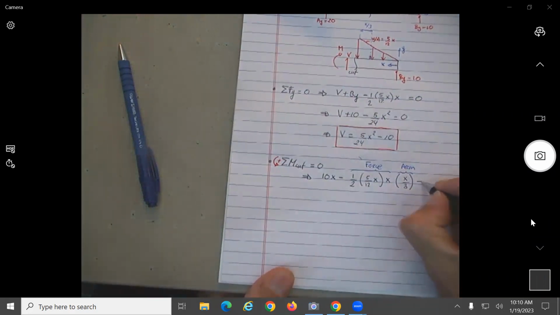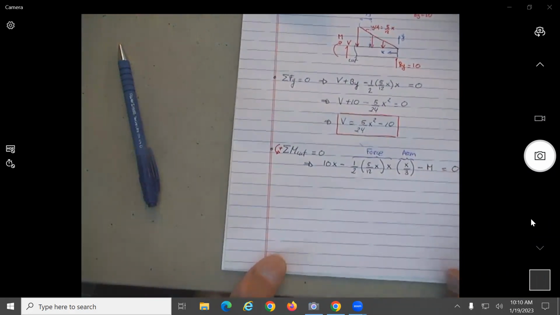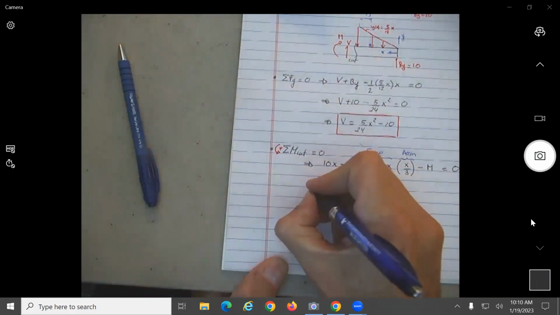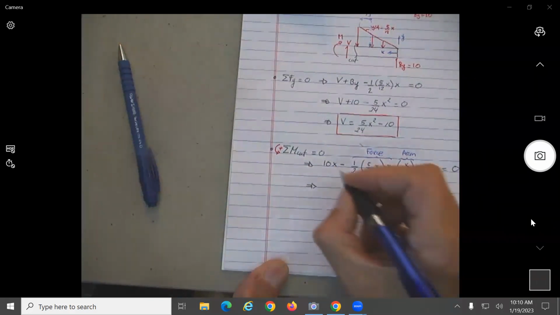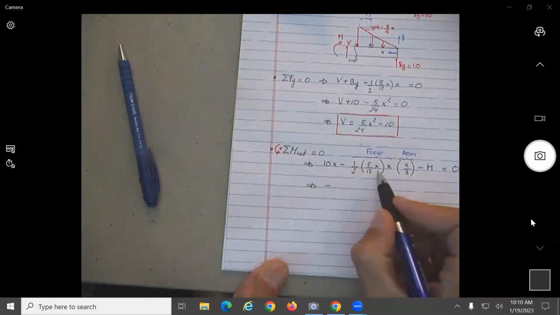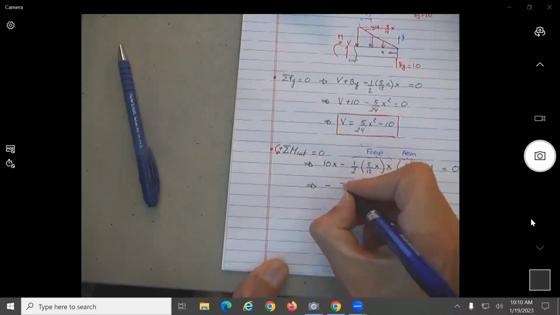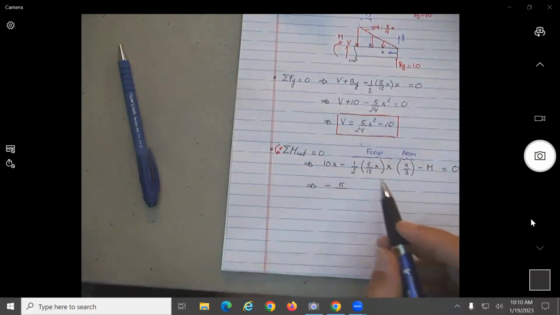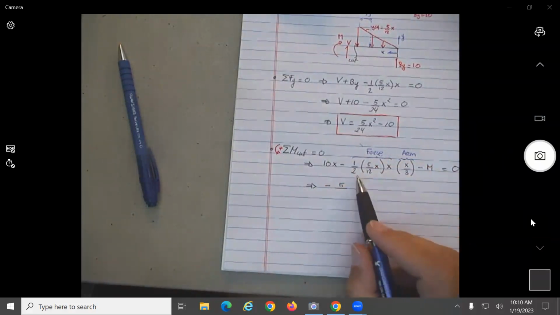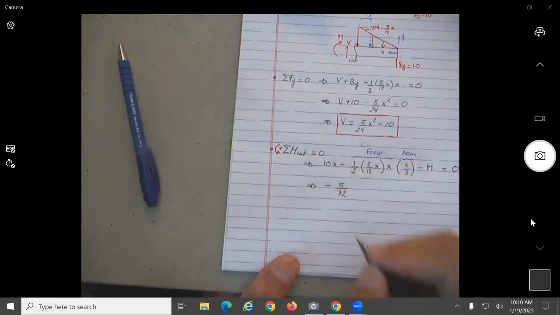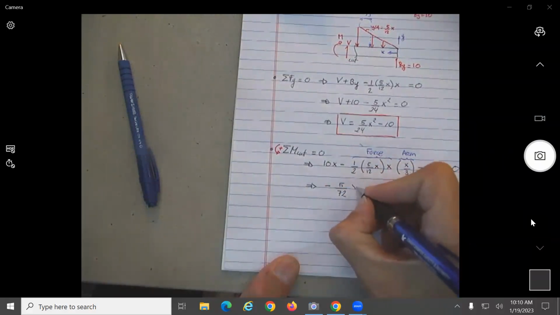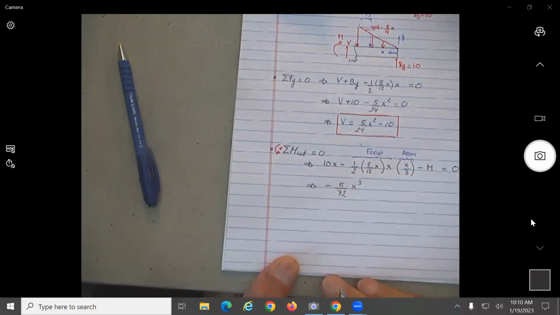Okay, and we have here negative, M equal to 0. So basically what we're going to get here as the equation for the moment, let's say, so we can move this one to the side, so it would be minus 5 over what? So 24 times 3, 72, x cubed.